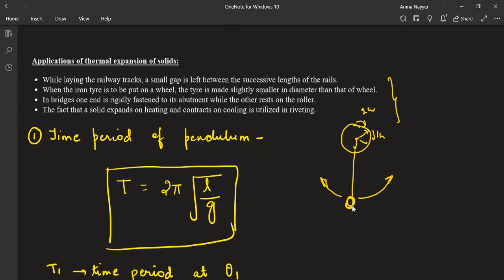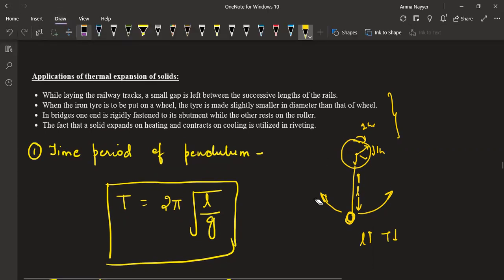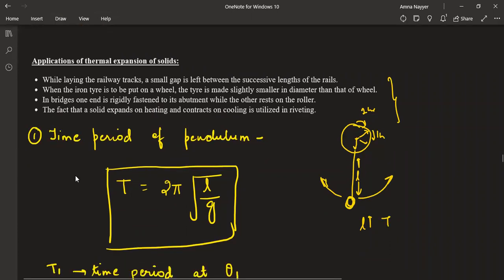Same thing, if heat is there, the length of the pendulum can increase if it is made up of proper metallic solids. So that can also expand. If length increases, time will decrease. Time will decrease in the sense, now what will happen? Length is increasing. Oh, sorry, time will also increase. Look here, this is a relation you must have heard already: T is equal to 2 pi root L by g.